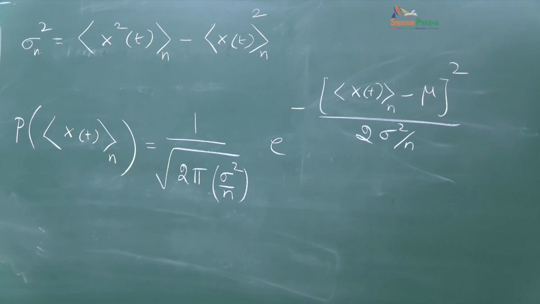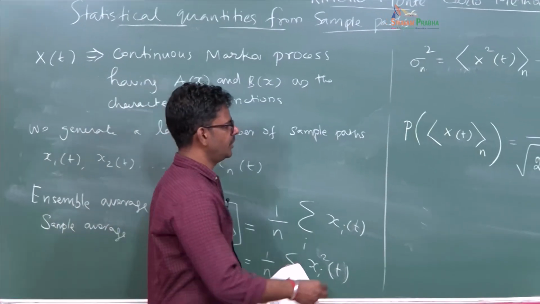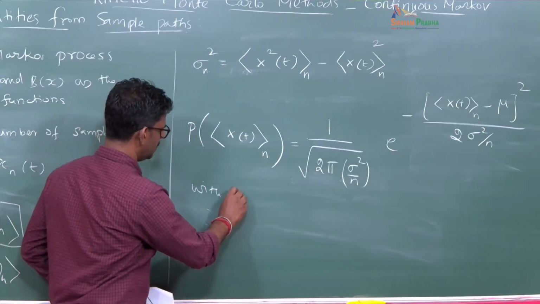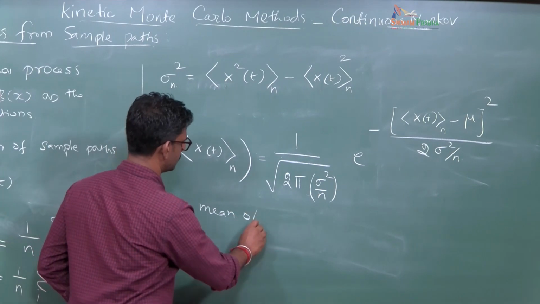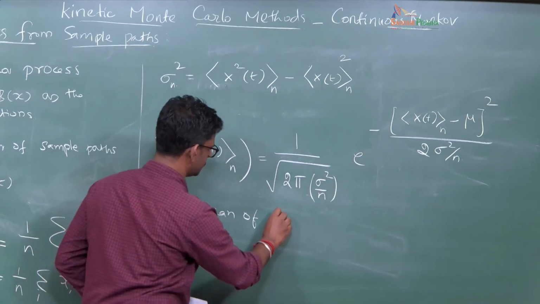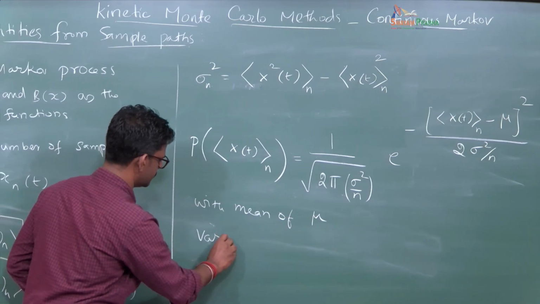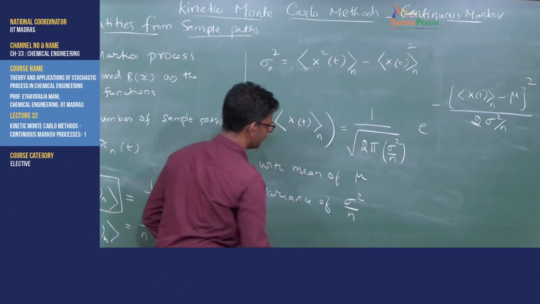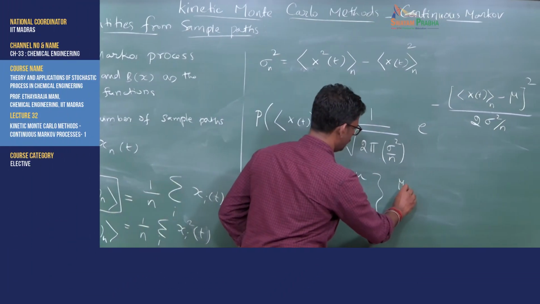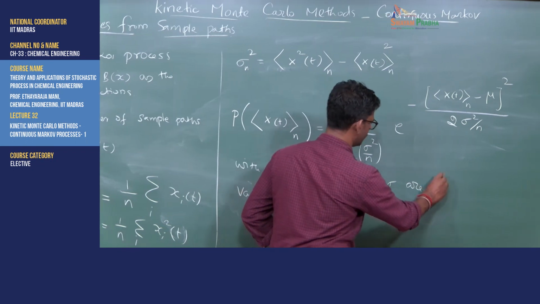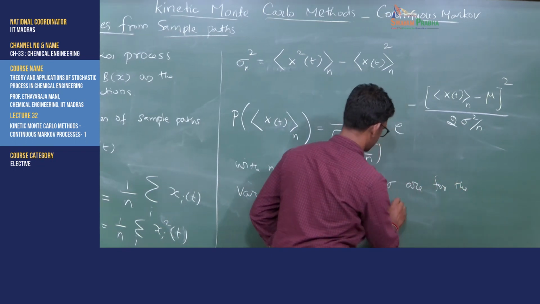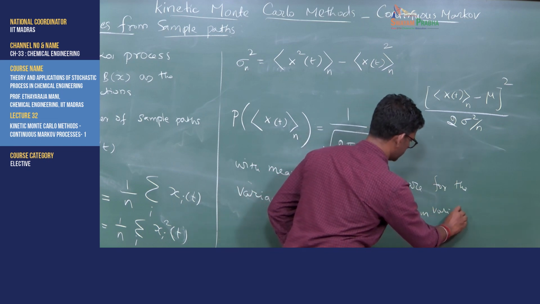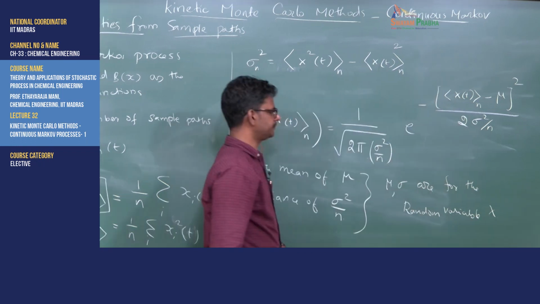So the sample mean that we get is going to be normally distributed with mean value of mu and variance of sigma square by n, where mu and sigma are for the random variable x.